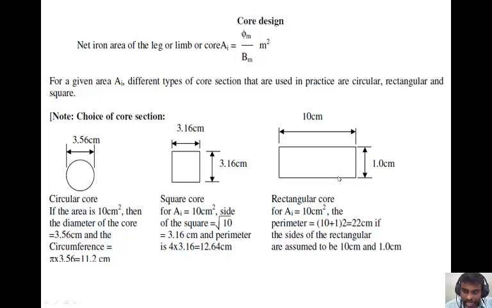If you use a rectangular core, for an area of 10 centimeter square, the perimeter is the length plus breadth into 2. So it is 22 centimeter if the sides of the rectangle are assumed to be 10 centimeter and 1 centimeter.